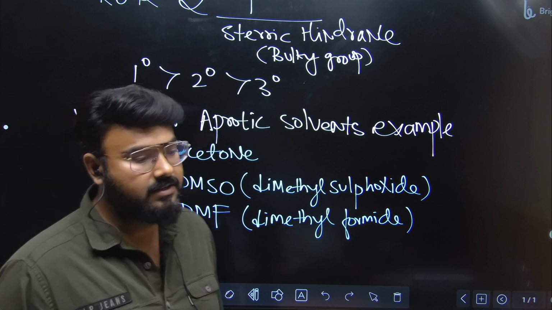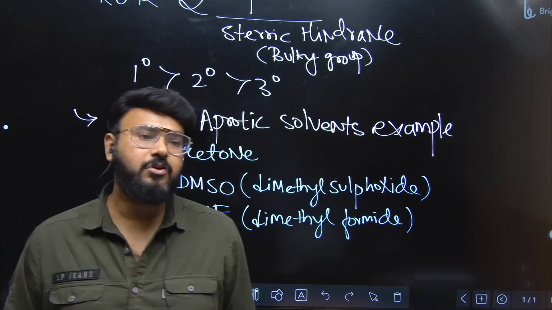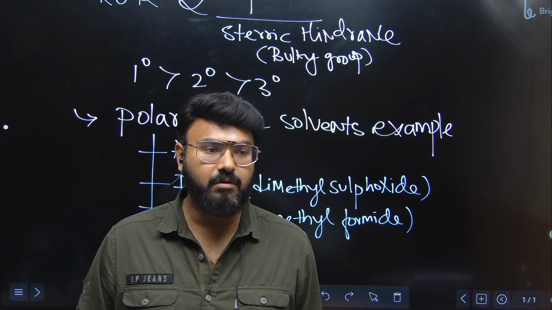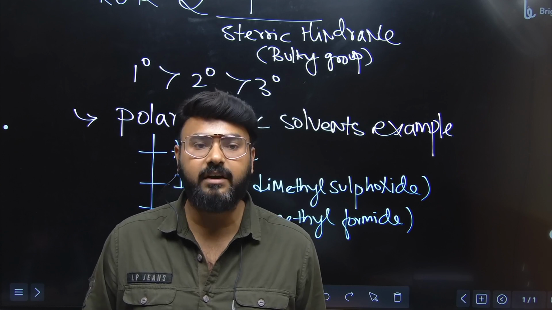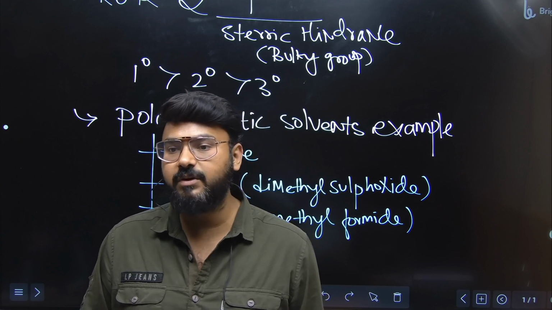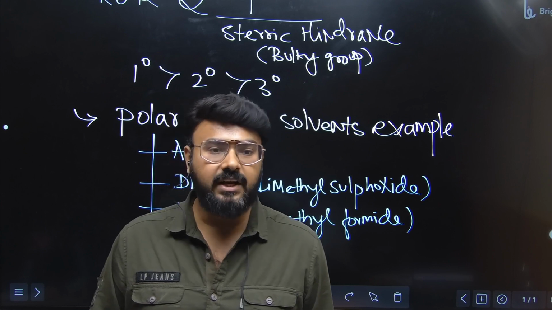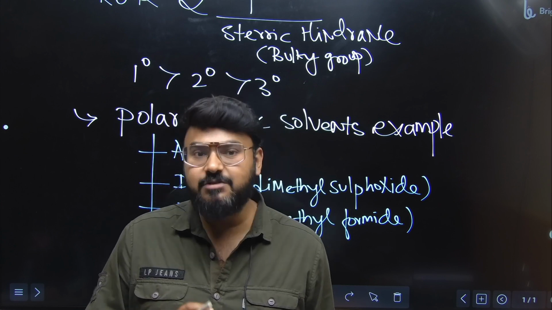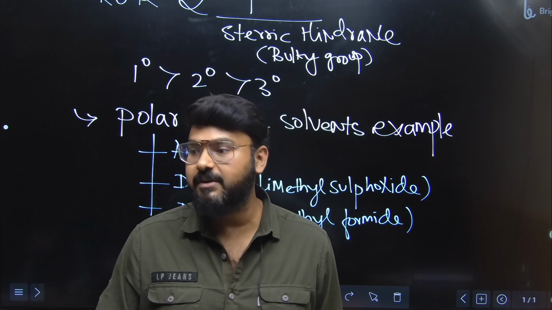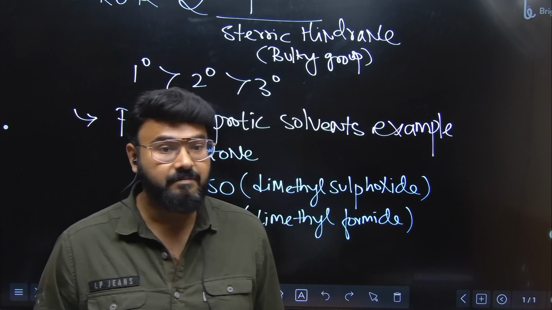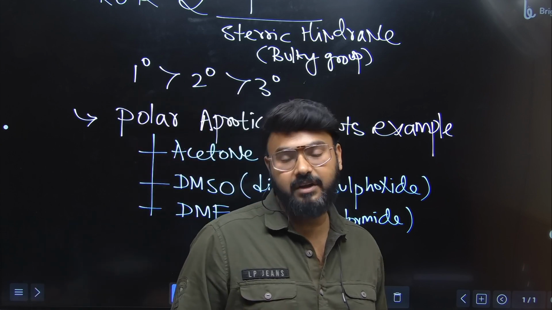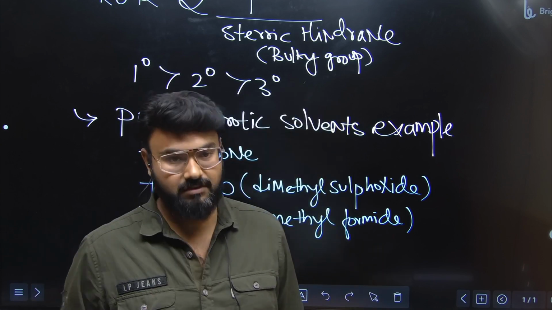See, first of all, understand. Have you heard of the Lucas test, which helps in distinguishing between 1 degree, 2 degree, 3 degree alcohol, with anhydrous ZnCl2 and HCl? It is also based on stability of carbocation, and that is why 3 degree alcohol gives the test immediately, white color turbidity. 2 degree gives after some time, 5-10 minutes. 1 degree never gives.